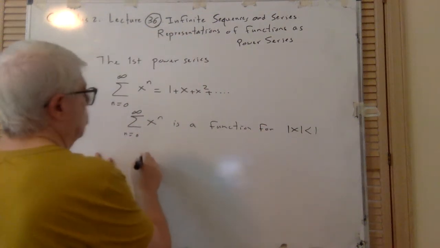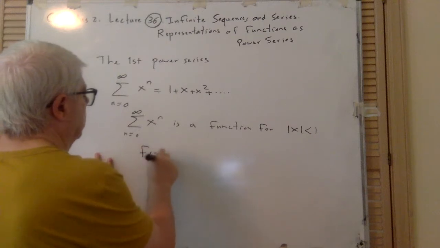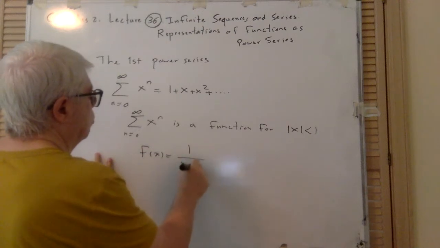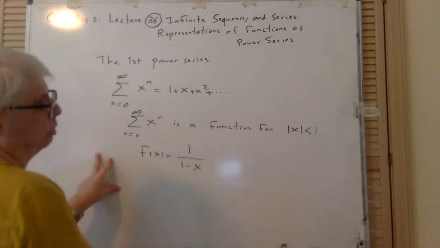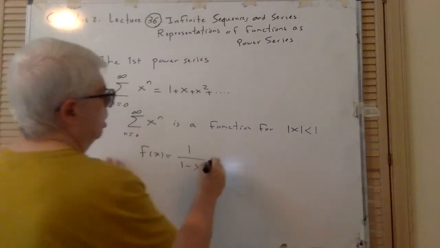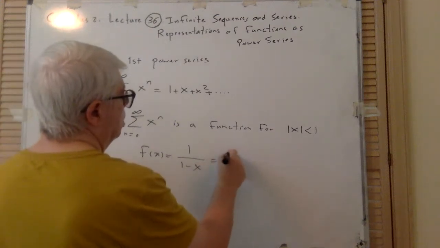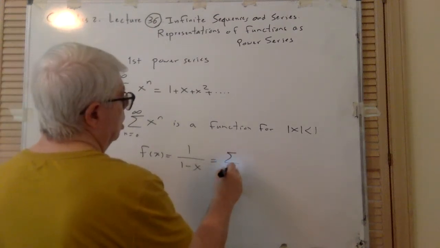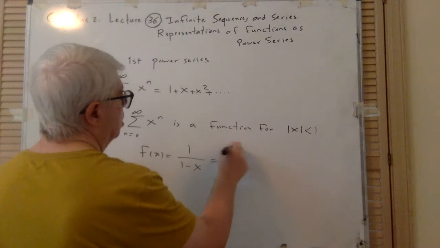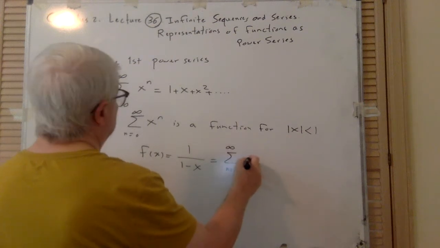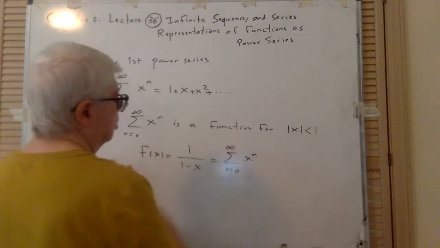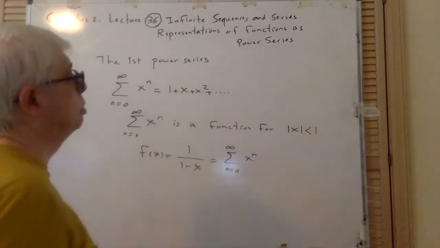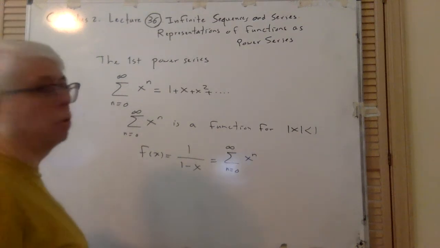So it is f of x, and we found that it is in fact 1 over 1 minus x. So 1 over 1 minus x has this power series representation, sigma x^n. So that's what it says, representations of functions as power series.